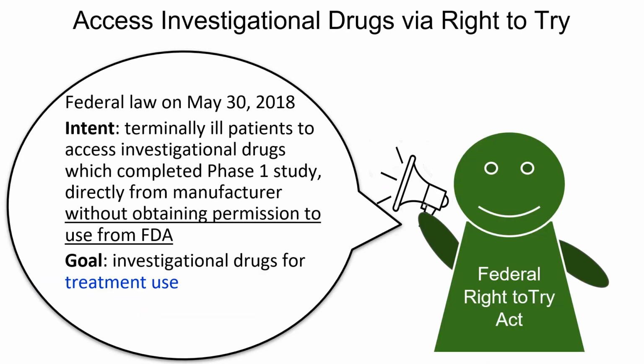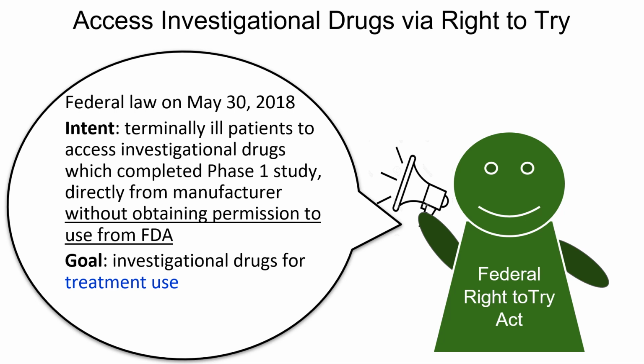Another pathway, and a fairly newer one, to access investigational product is through Right to Try. Just briefly, Right to Try is a law which was signed by former President Trump in 2018. The intent is for terminally ill patients to access investigational drugs which completed a phase 1 study directly from the manufacturer without obtaining permission to use from FDA.